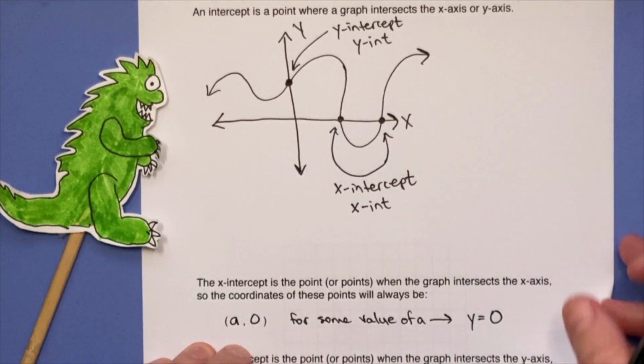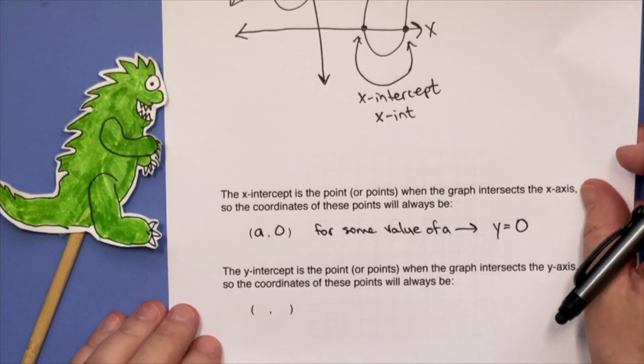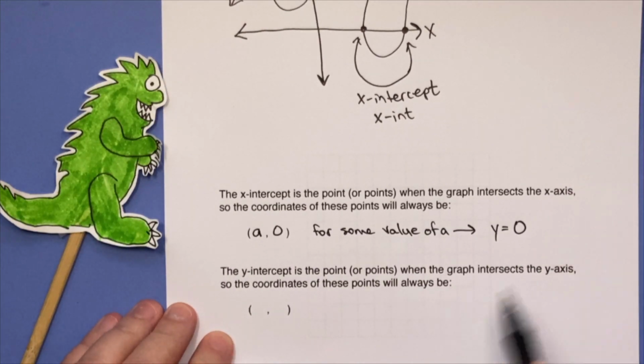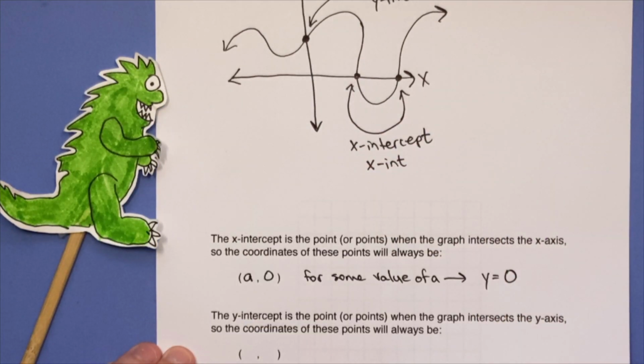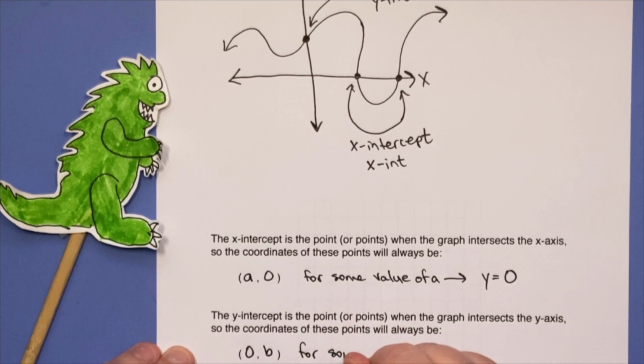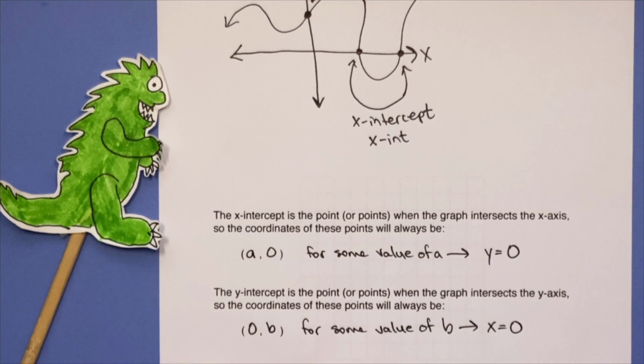In the same way, the y-intercept is the point or points where the graph intersects the y-axis, like it did right there. And if you look right there, y could be a lot of things, but what's really important is that it's on the y-axis, so x is 0. So those are the important points to remember: if we're looking for an x-intercept, we want y to be 0.